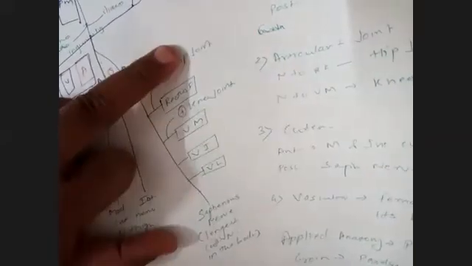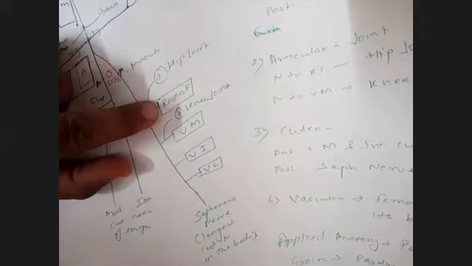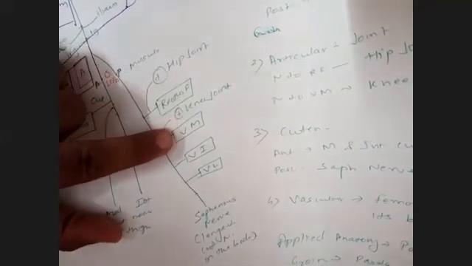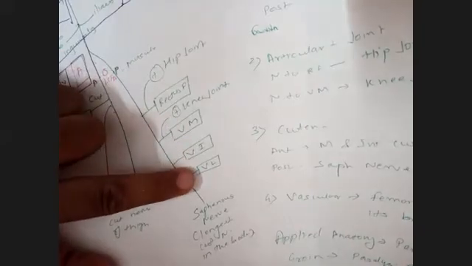Posterior branch is mainly muscular. It gives all branches to the muscles: nerve to rectus femoris, nerve to vastus medialis, nerve to vastus intermedius, nerve to vastus lateralis. And one cutaneous branch is the saphenous nerve.